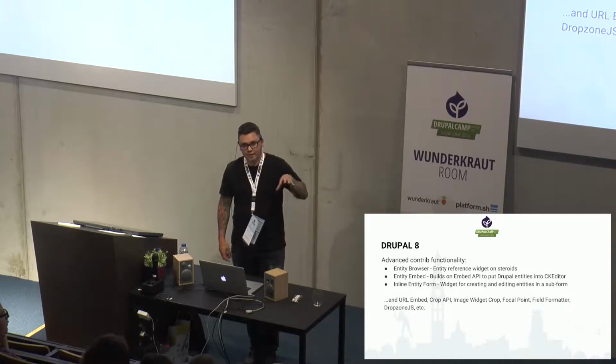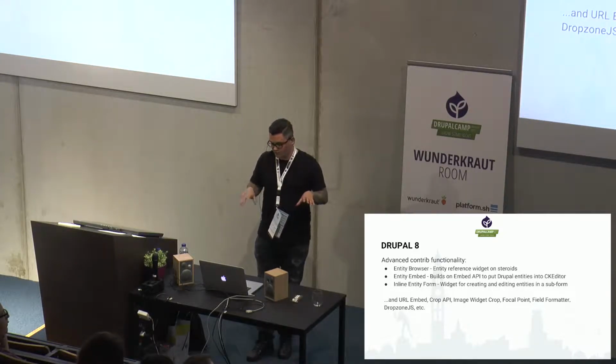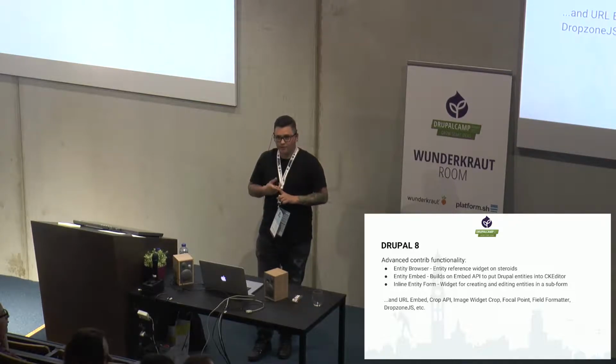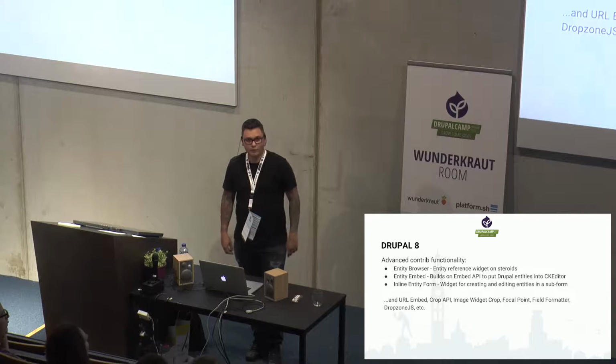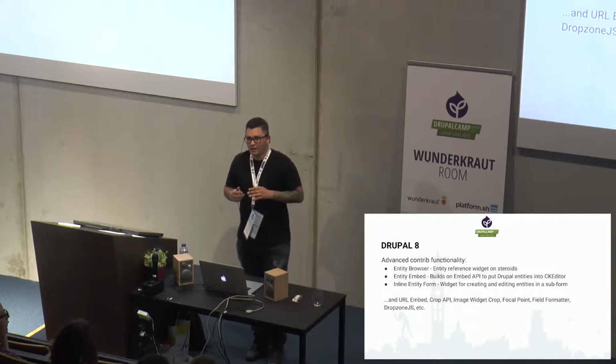We have the crop API, which allows you to do all kinds of cropping, and image widget crop and focal point are examples of modules that are built on top of that. Then we have the field formatter.